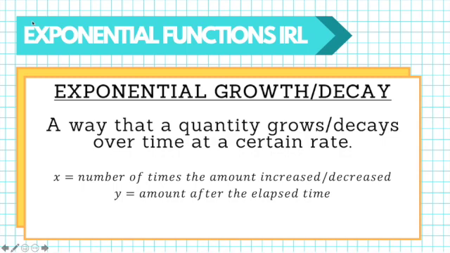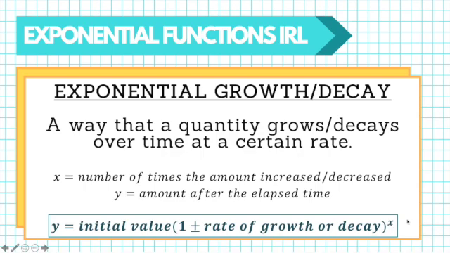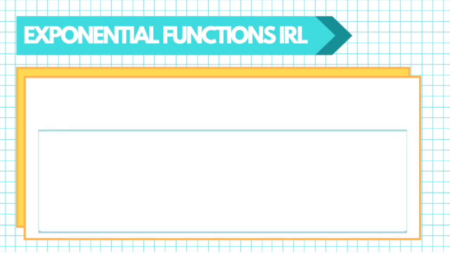To create the function, we use the formula y = initial value times (1 plus, if it is exponential growth, or minus, if it is exponential decay, the rate of growth or decay), raised to the number of times the amount was increased or decreased. That is x. This formula will help you construct a function that involves exponential growth or exponential decay. Let's try this one.